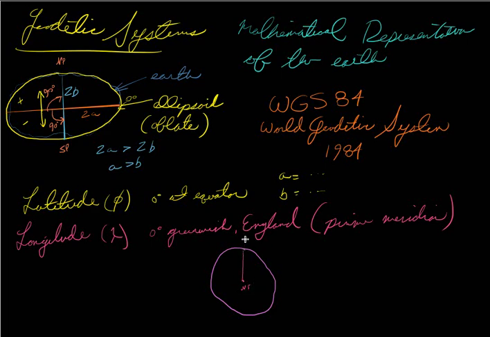Right, and this is the prime meridian. A positive longitude is easterly of the prime meridian, right? So it's this way. That's a positive longitude, positive lambda. And negative is if you defined it west, right? If you went this way, that would be a negative lambda.